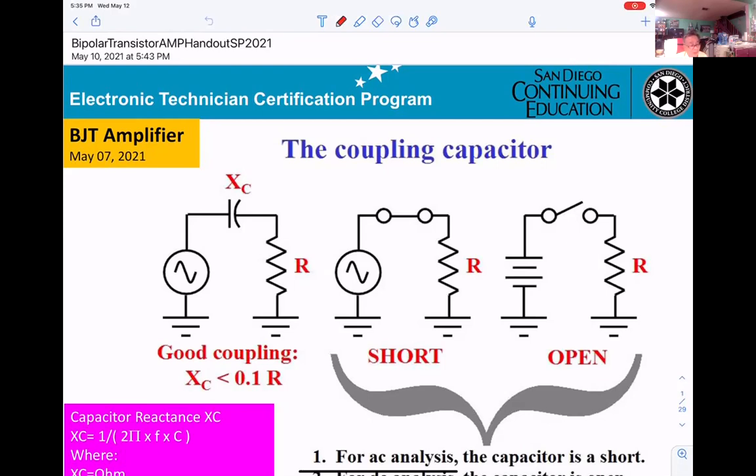In the bipolar, you get common emitter, common collector, and common base. Also in the JFET, you get common source, common drain, and common gate. You can see they're very similar, okay?